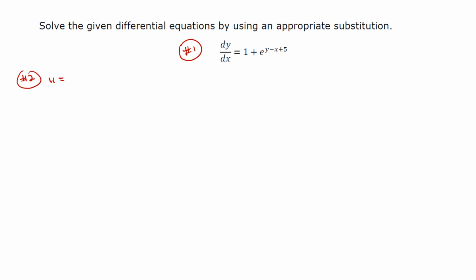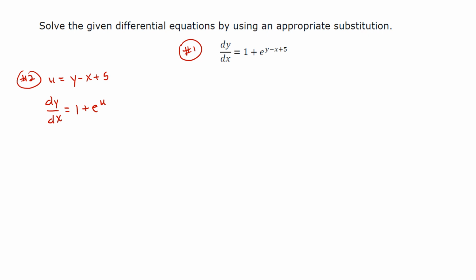So let's first let u equal y minus x plus 5. Okay, so if we do that, our dy dx will equal 1 plus e to the power u.